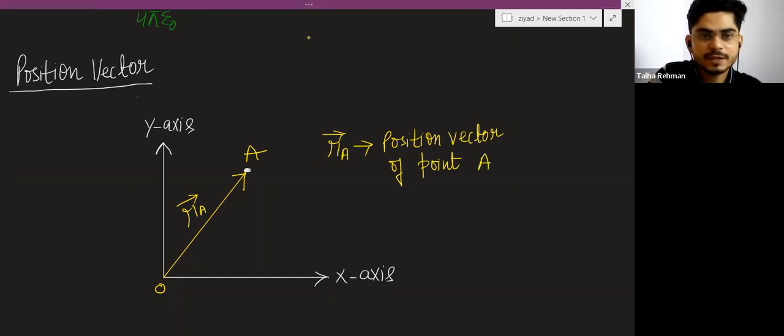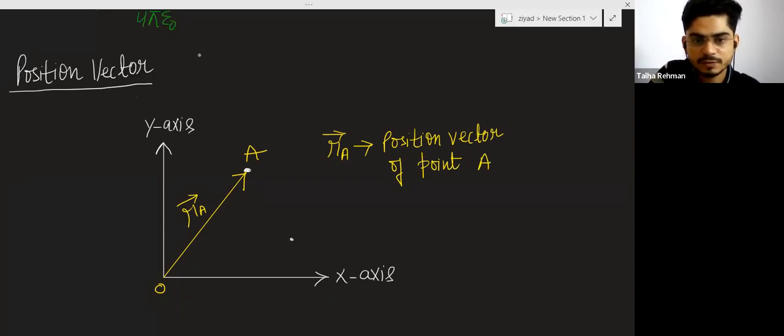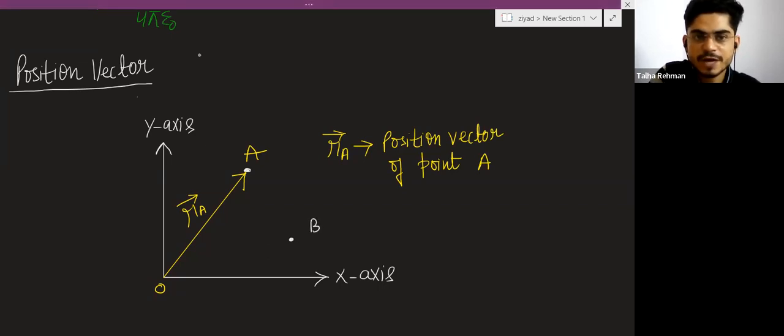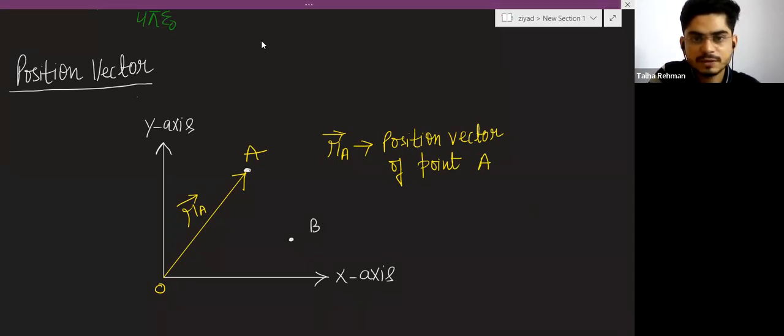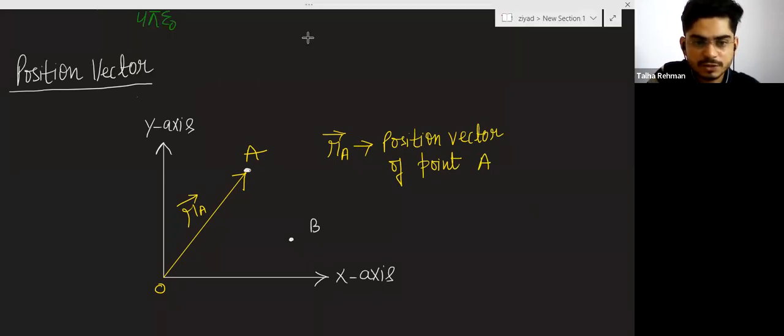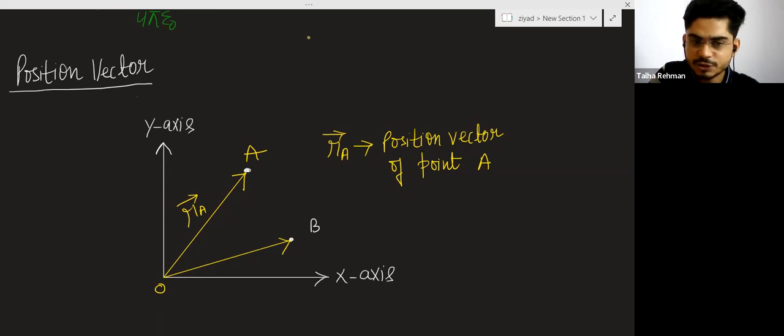You can find the position vector of any other point also. Suppose here is another point B. If you want to find the position vector, you join this point with the origin and make an arrow like this, which shows the direction.